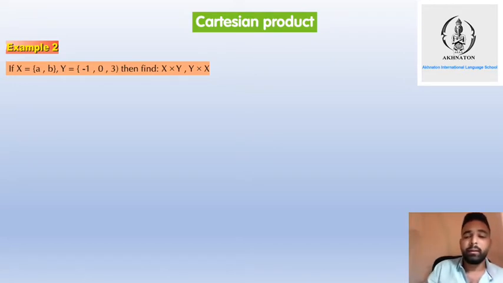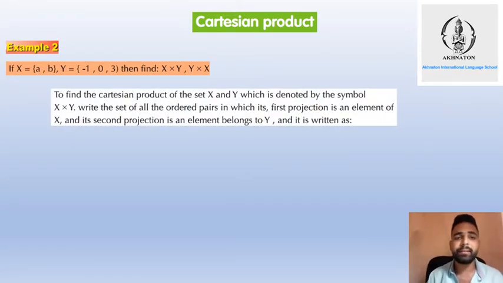Okay, the first question: how to find x product y? To find the Cartesian product of x and y, which is denoted by the symbol x product y, write the set of all ordered pairs, in which the first projection is an element of x and the second projection is an element belonging to y, and we solve it as follows.